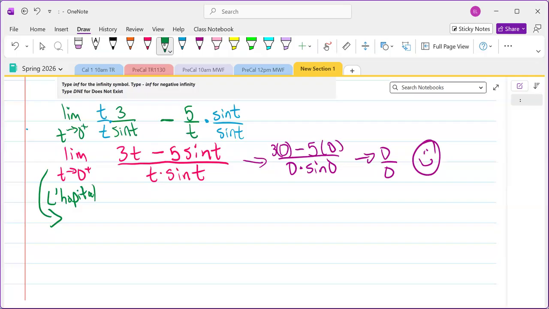So I'm going to take the derivative of the top on its own and the derivative of the bottom on its own. I still have my same limit as t approaches 0 from the right. The derivative of 3t is 3 minus 5 times the derivative of sine t, which is cosine t. Now on the bottom, though, we've got a product rule. So we've got a times b.